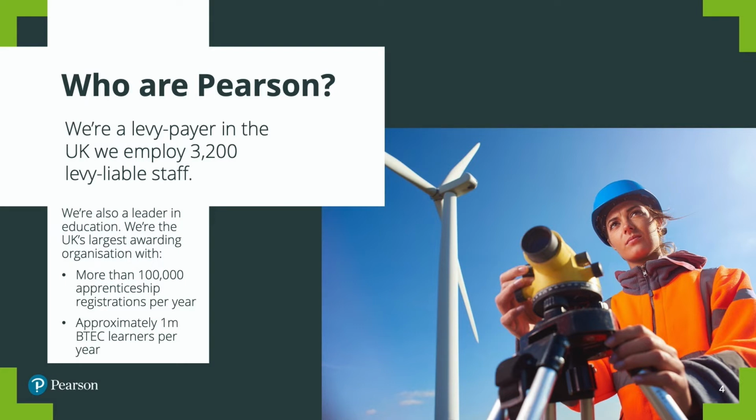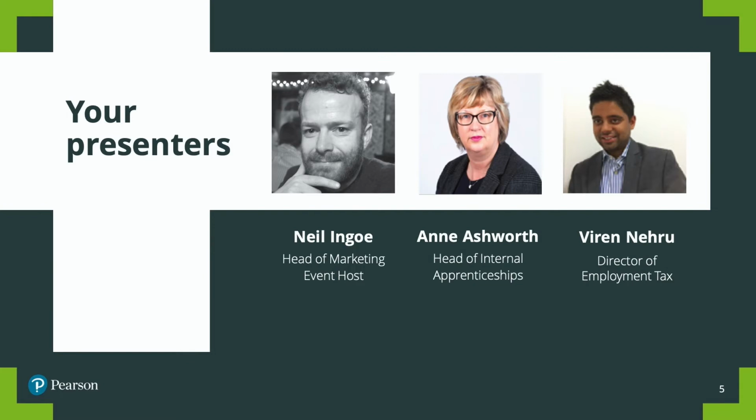Now, that's a considerable number. It makes us a market leader in apprenticeships, but it also makes it incumbent upon us to actually take advantage of this once-in-a-generation opportunity for apprenticeships. We need to be seen to be doing what we preach, and we have done so. And the following people will explain to you exactly what we've done over the course of the next hour.